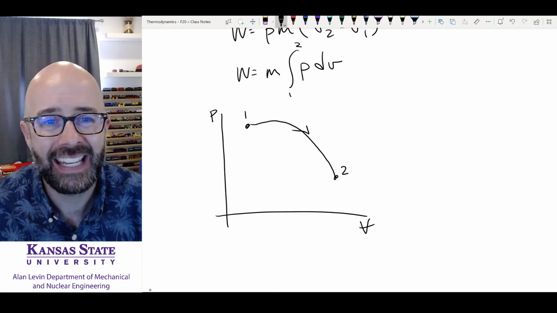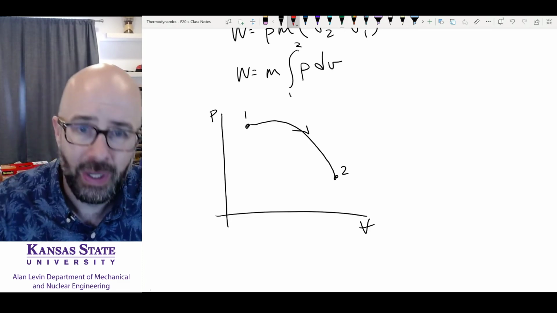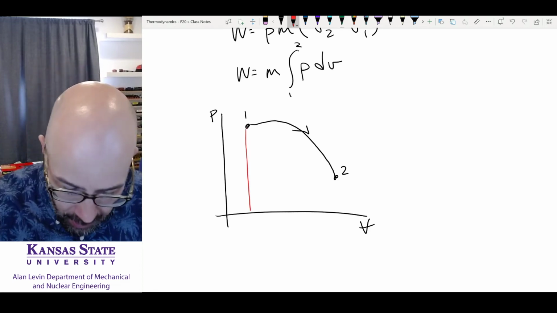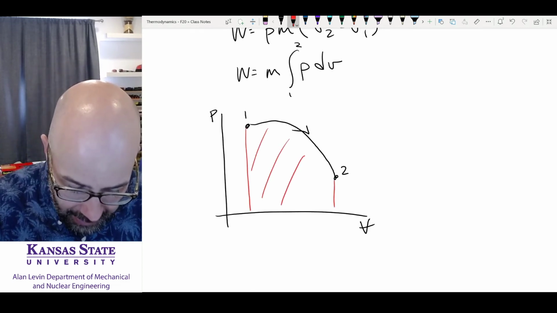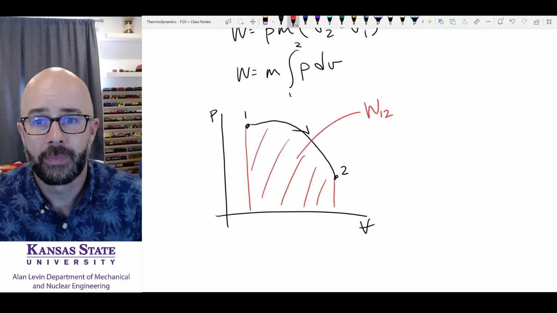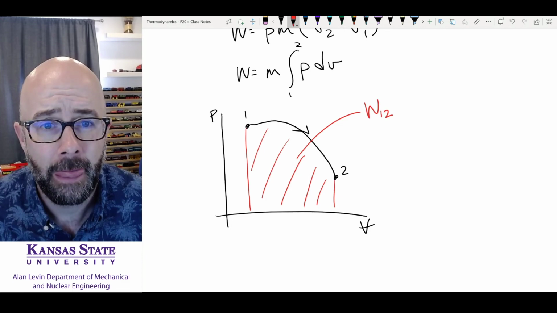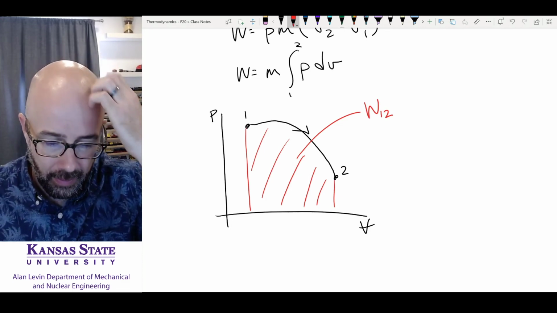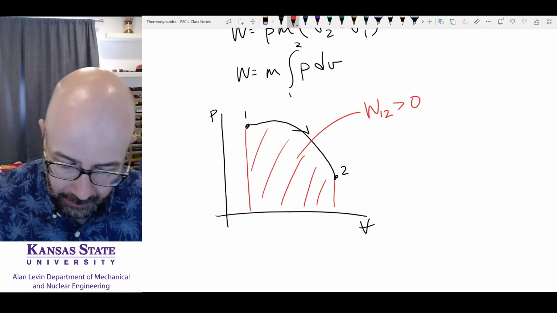What is an integral? An integral is the area under a curve, right? So the area under this curve is equal to the work 1 to 2. Is it positive? We're expanding, so it should be positive. Work 1, 2 is going to be greater than 0.